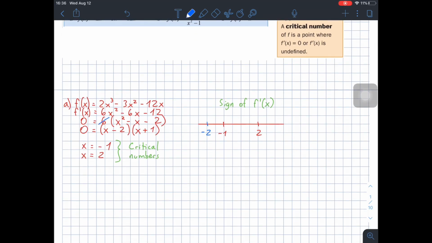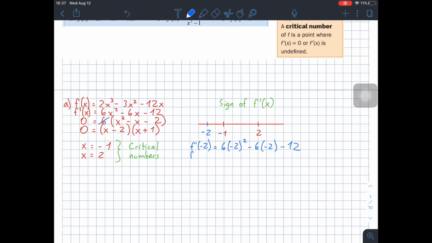So I'm going to calculate f prime of -2. I'm going to replace the values. This is 6 times -2 squared minus 6 times -2 minus 12. Remember, I'm replacing this value inside this function over here, which is the first derivative.